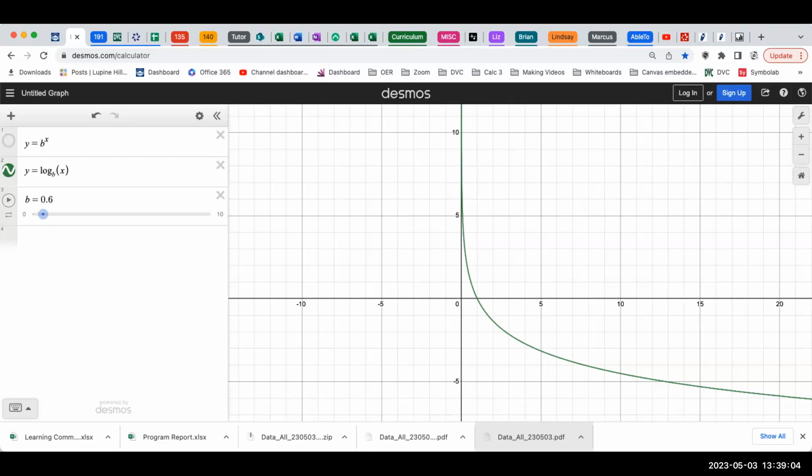Let's write that below. So here the domain of f equals the range of f inverse, and the range of f equals the domain of f inverse. And what we learned on Monday is that the domain of f was negative infinity to infinity, and the range was from 0 to infinity.